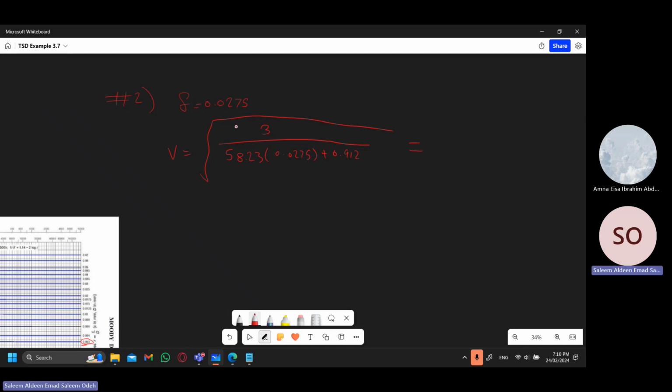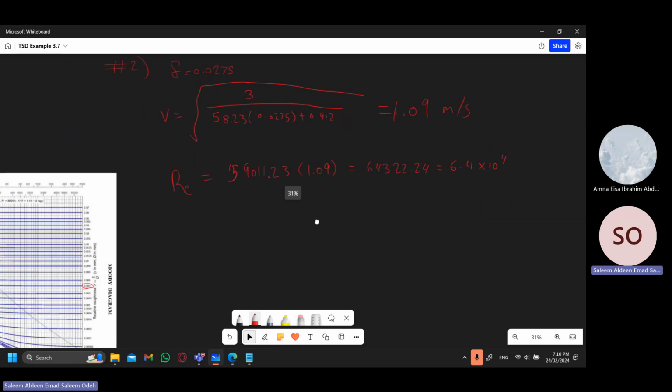Yes, they're the same, which gives us 1.09 meters per second. We'll plug this velocity value into the Reynolds equation. And we'll do the same thing again.